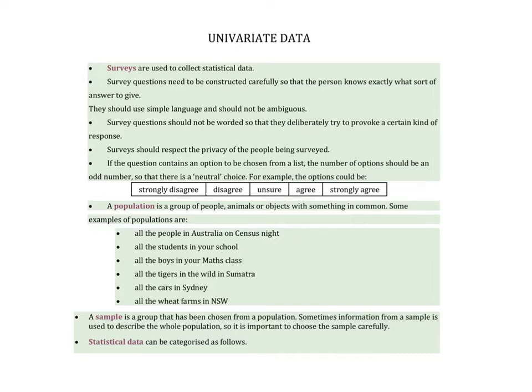So that could be hair colour, eye colour, the height of someone, the weight of someone, but only one variable at a time. So when do we use statistics? Well, if you can remember, census night, when every family, every single household has to fill out a survey which gives lots and lots of information, which is then collected and collated and used sometimes to predict where we need more schools or where we need to build more hospitals.